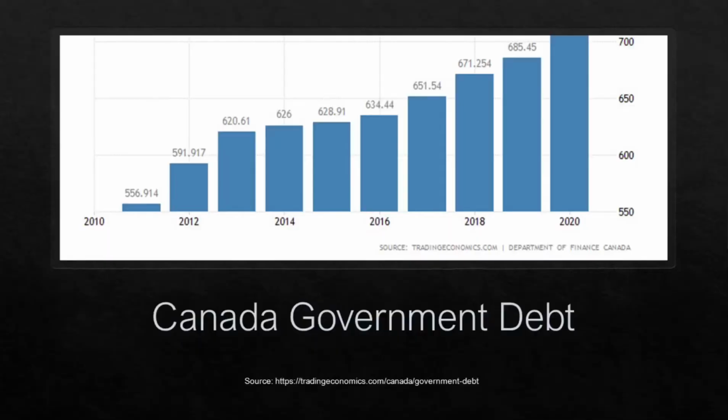Government debt is a key indicator of responsible fiscal policy. The debt to GDP ratio is very important to understand, whether it is showing some upward tendency, or whether it is improving over the years.